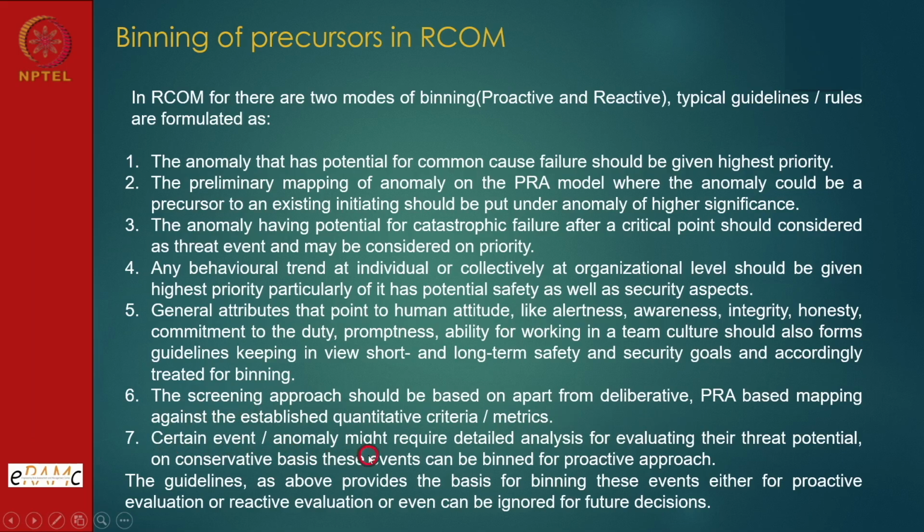Certain event anomalies might lead to analysis for threat potential on a conservative basis. These events can be built for a proactive approach. And the guidance above provides the basis for binning these events for proactive evaluation or reactive evaluation, or they can be ignored for future decisions.